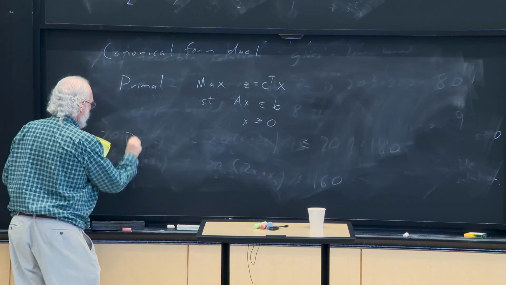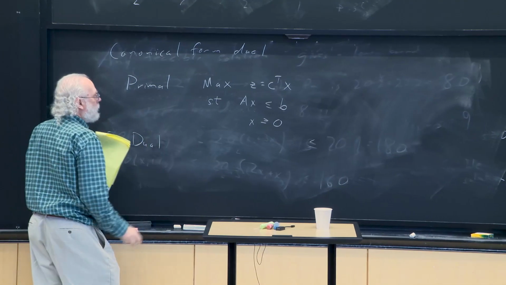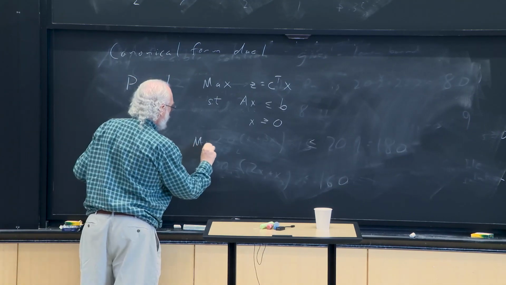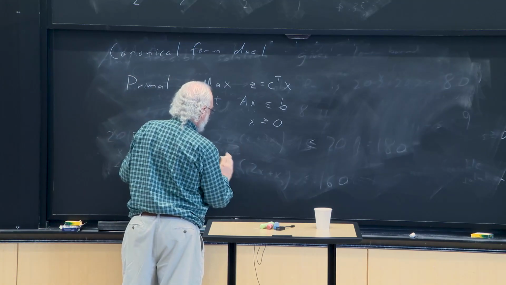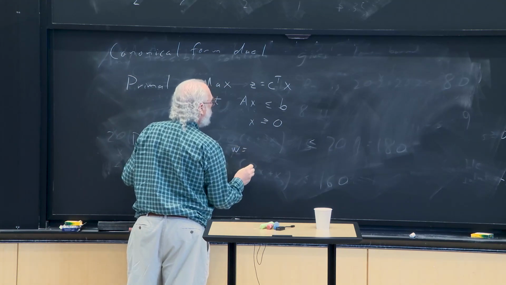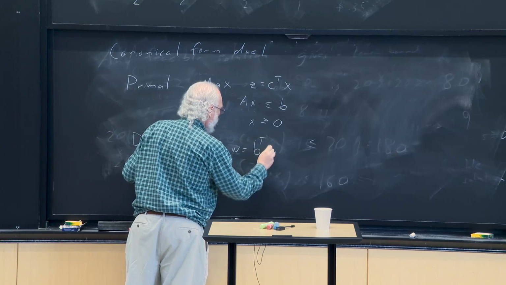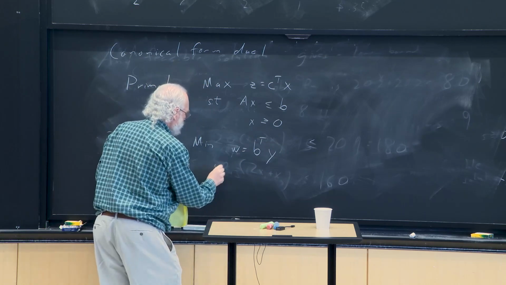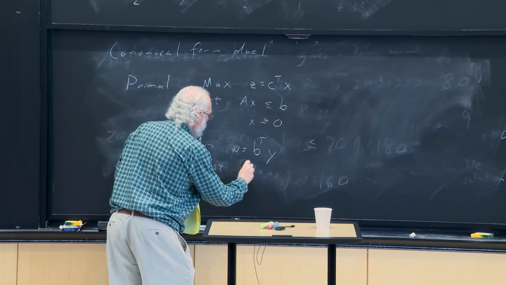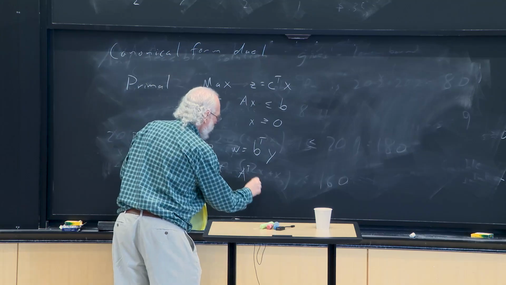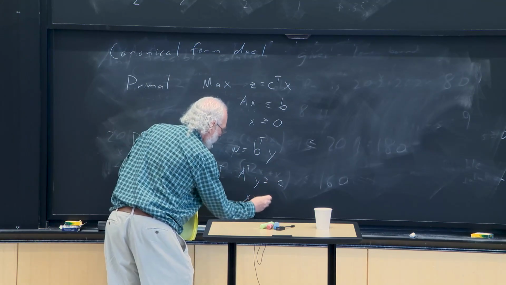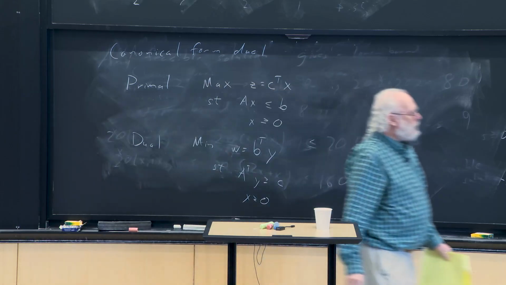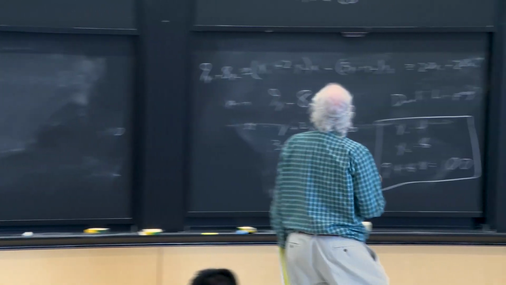Well, the dual turns out to be minimize W equals B transpose Y subject to A transpose Y greater than or equal to C, Y greater than or equal to 0. And you can see why maybe by looking at this example.